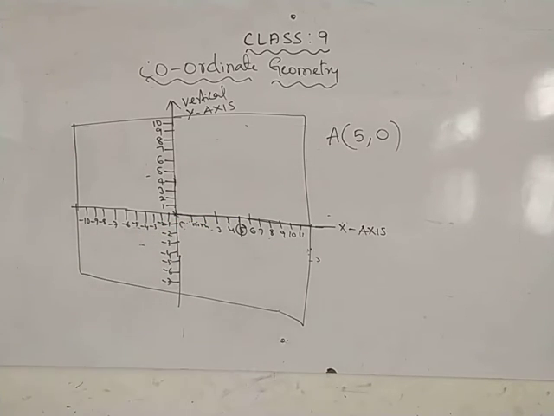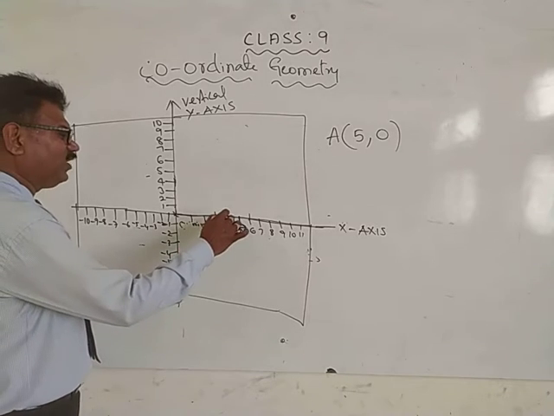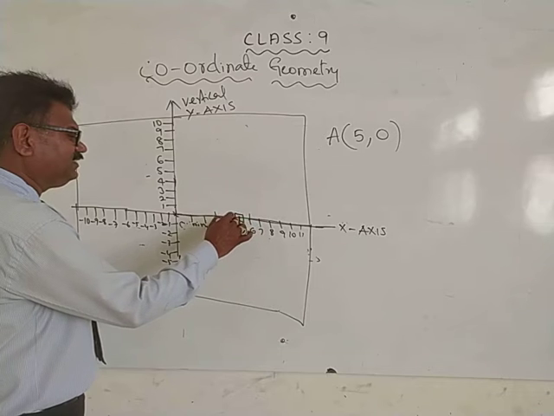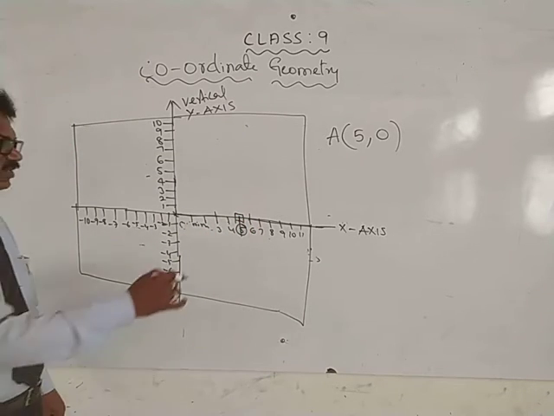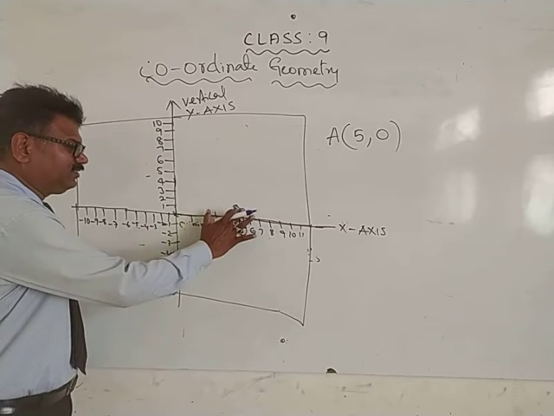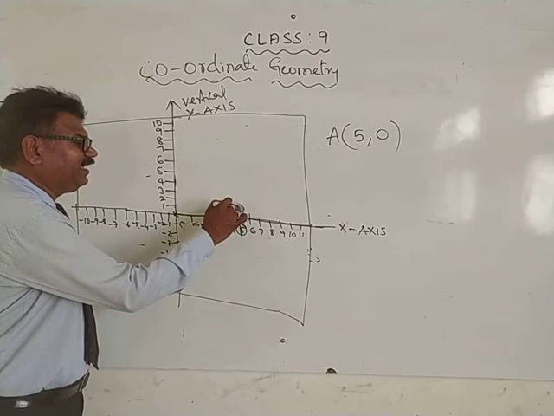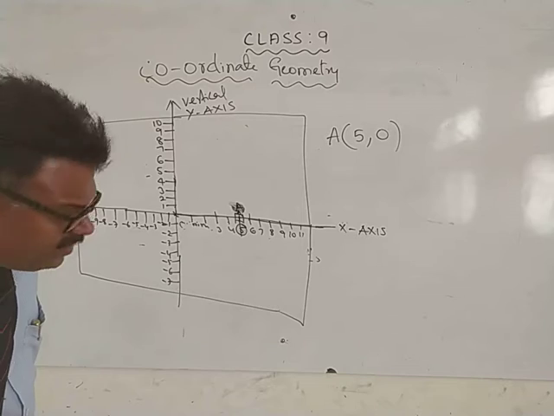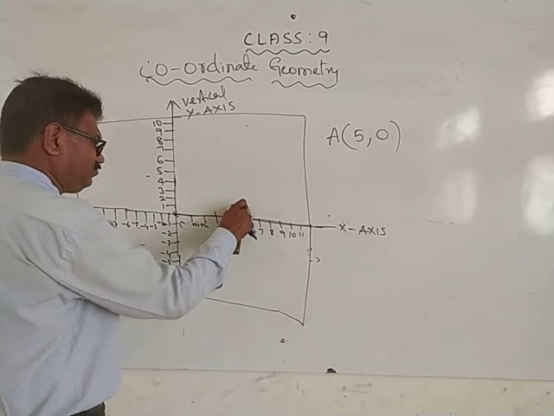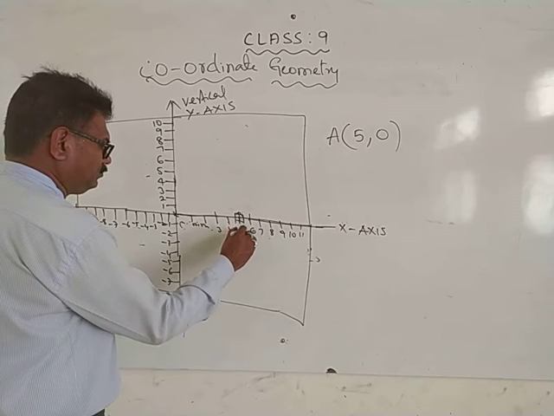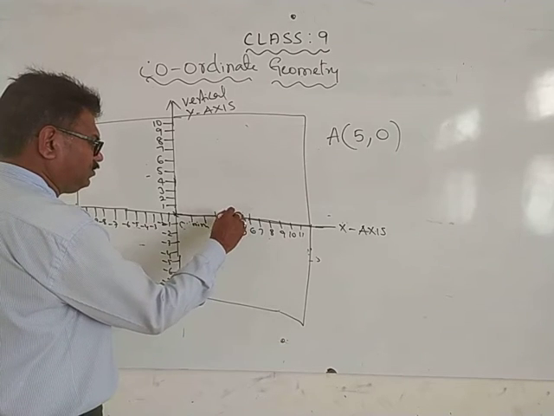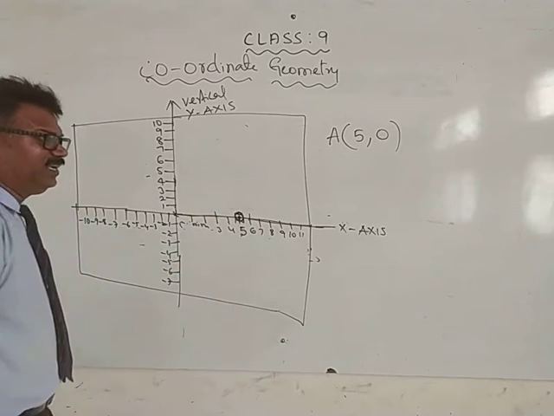Y value is 0, which means it lies there itself. This is the answer. So, A will be like this. This is only our A value.